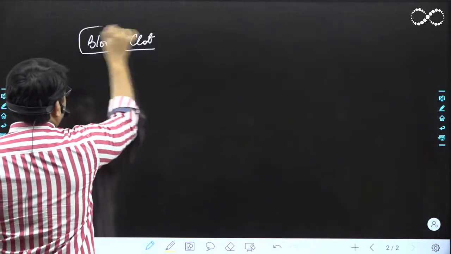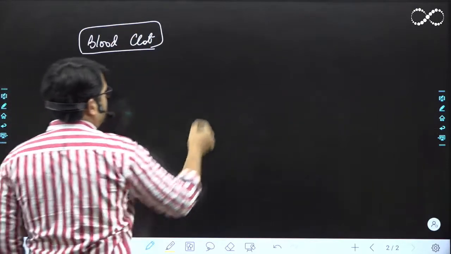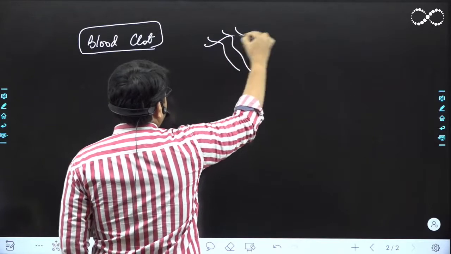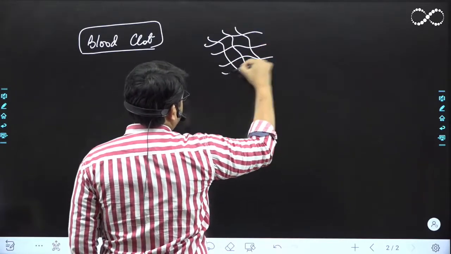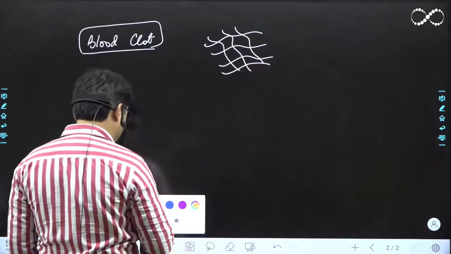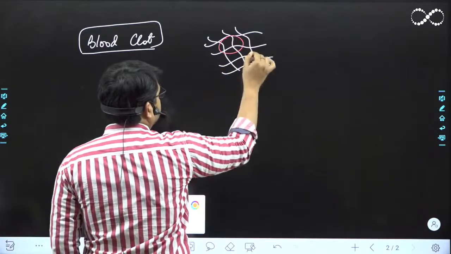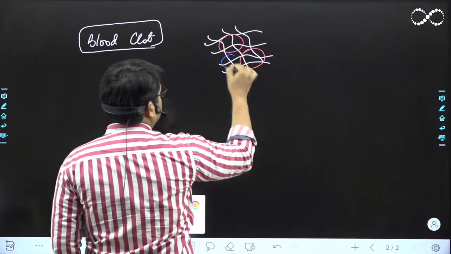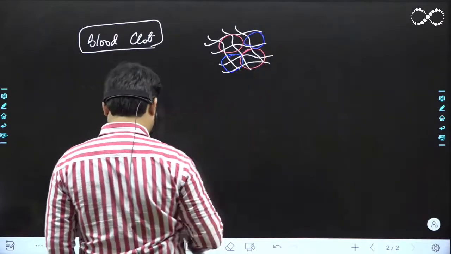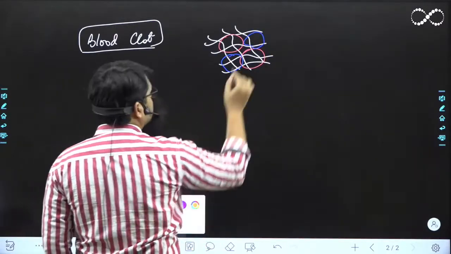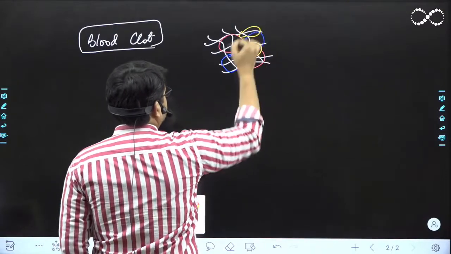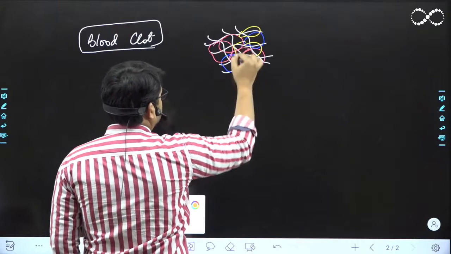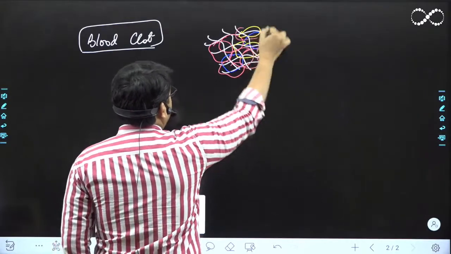ओके, ब्लड क्लॉट, सो ब्लड क्लॉट इज नथिंग बट इट इज अ मेशवर्क, ठीक है, ऐसा कुछ नेटवर्क बन जाता है और इसके ऊपर आपके जो सेल्स हैं वो आकर के, डिफरेंट सेल्स आकर के क्या होता है, अटैच हो जाते हैं, okay, and because of this it forms a clot.